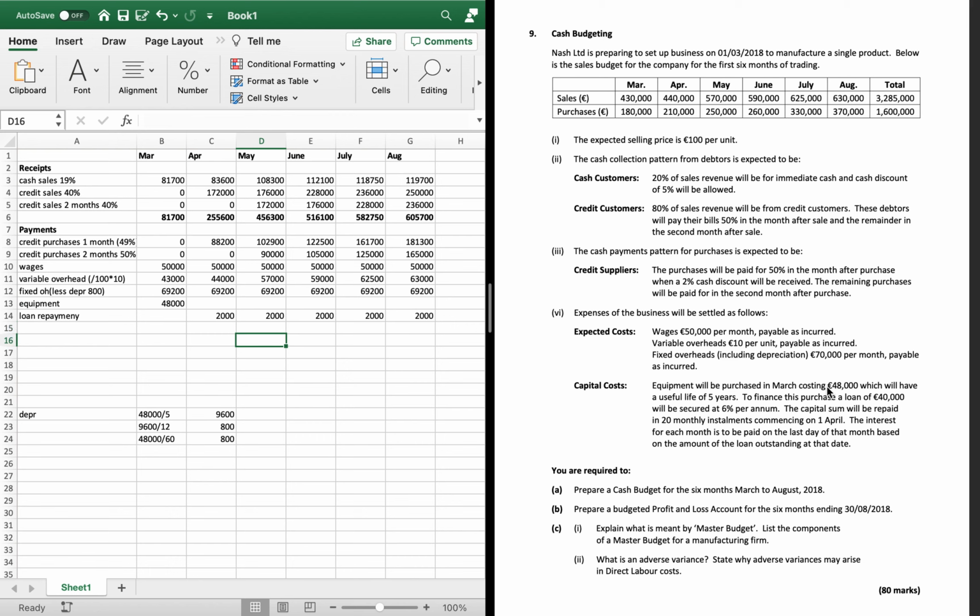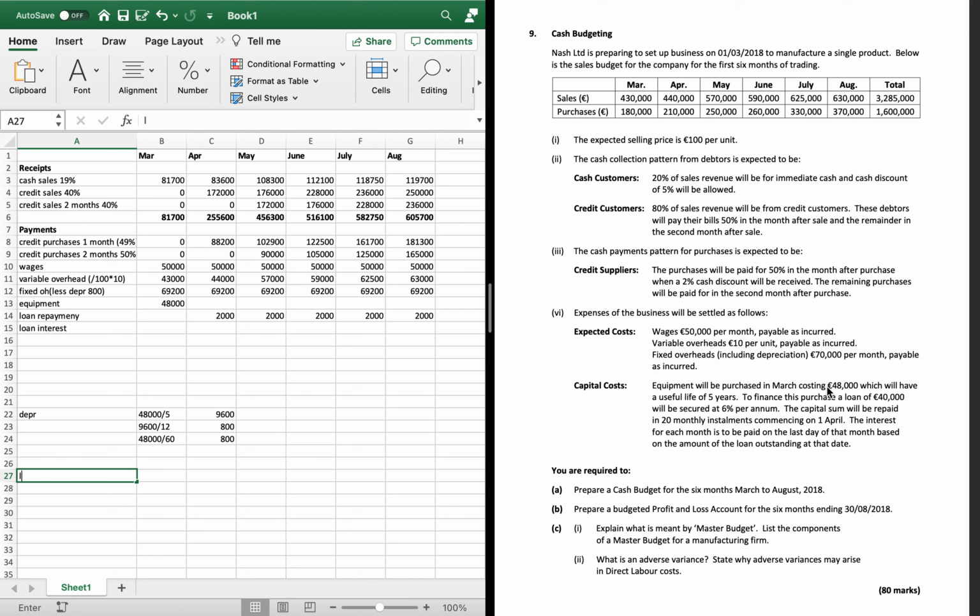Now, then you have to pay interest on it. The interest for each month is paid on the last day of the month based on the amount of the loan outstanding on that date. So we got the loan in March sometime. We can assume it's on the 1st of March. So the loan interest is going to be as follows. So the loan is 40,000.